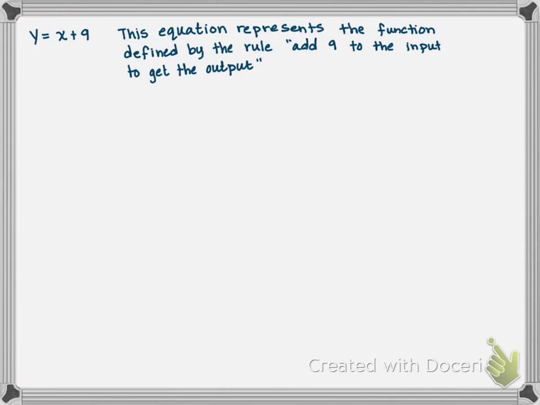If we focus on the rule more than the variables themselves, it becomes a lot easier to use this notation regardless of what items we use as inputs and outputs. It's easy to get caught up on x's because we use x so often, but really x is just a dummy input, standing in for whatever input we're going to use later. So we're going to express this symbolically in a different way, which we call function notation.